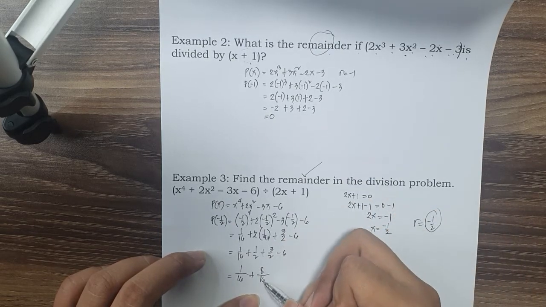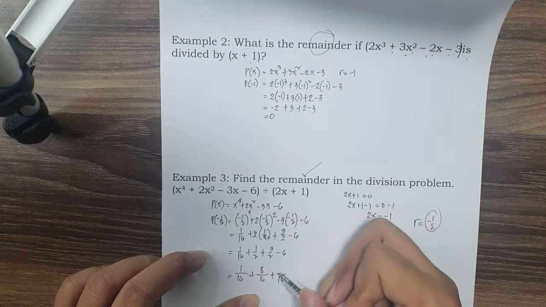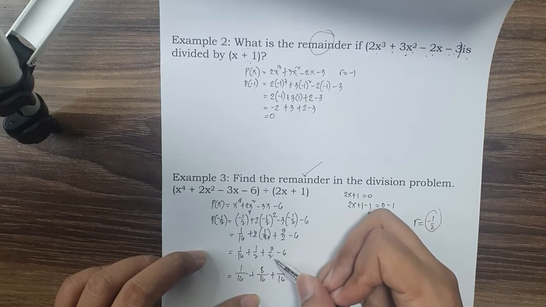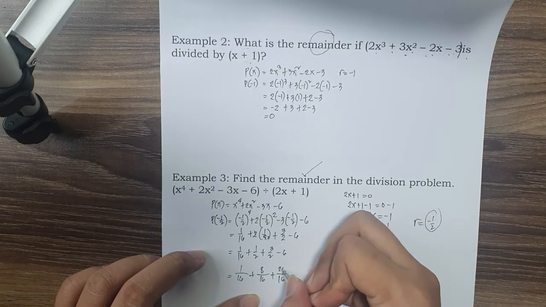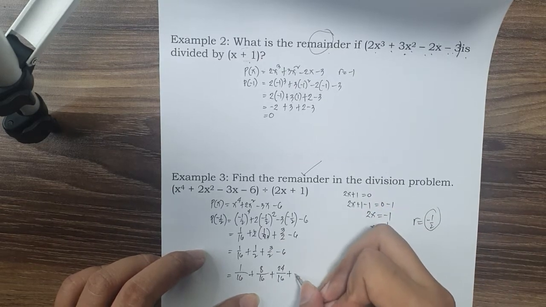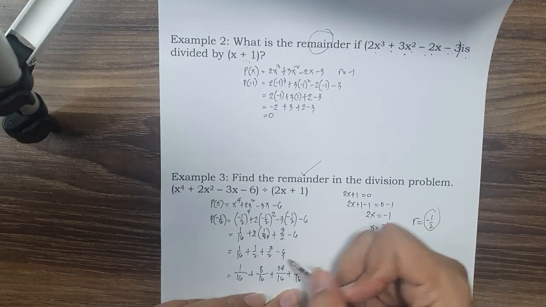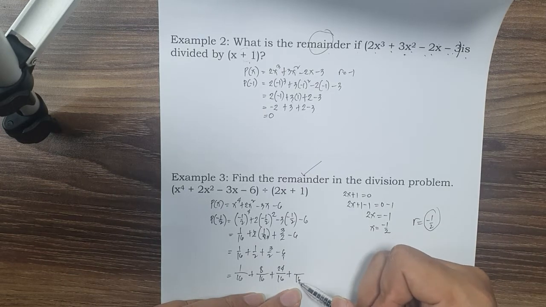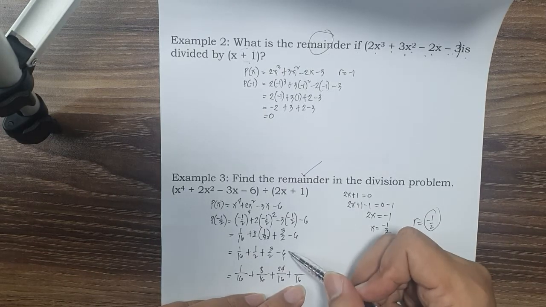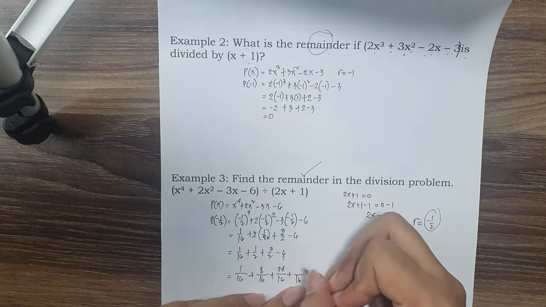In lowest terms, 8 over 16 is 1 half. Plus, 16 again. Because for this one, 8 is also needed to make 16. So, 8 times 3, 24. Plus 16. What is the denominator of 6? It's 1. So, what do you multiply 1 by to get 16? 16. And then, 16 times 6 is 96, but negative.